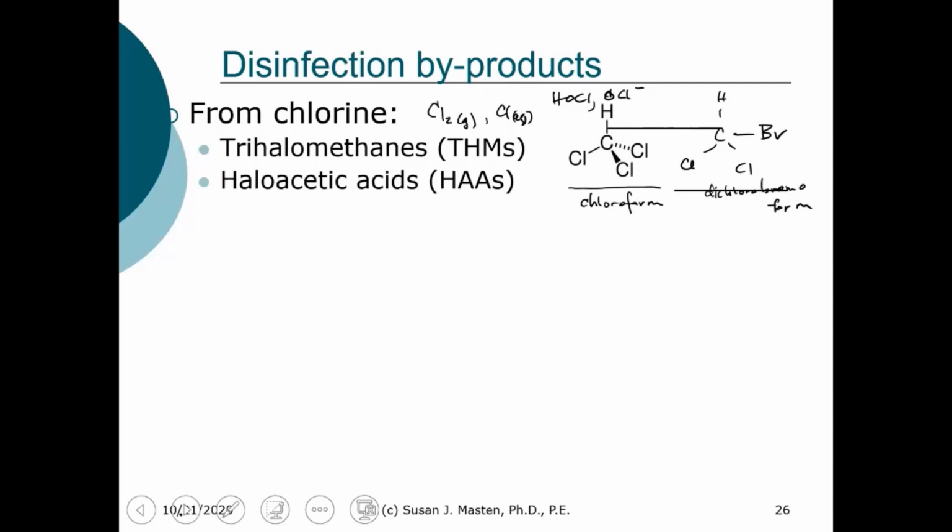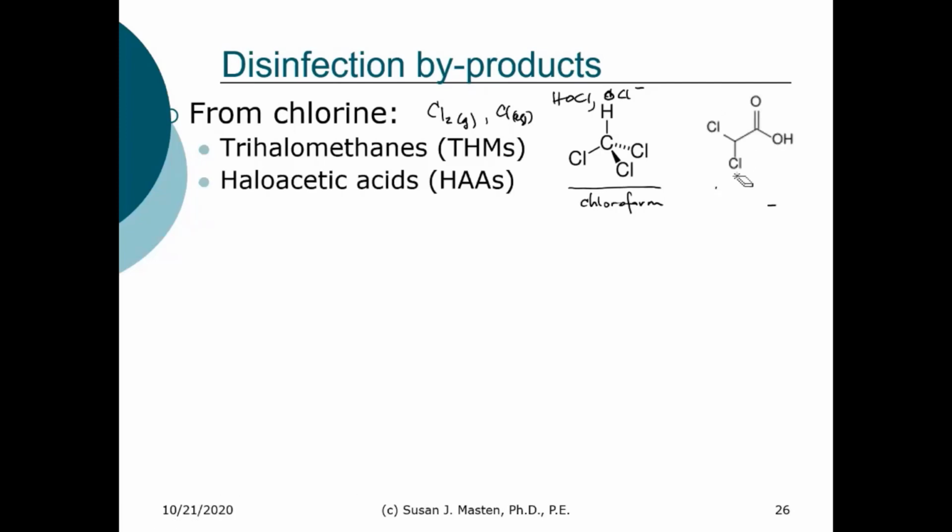It can also produce haloacetic acids. So this is a haloacetic acid. It's dichloro here, and we have two carbons, a carbon here and a carbon here, and this is our acid function. These are the only two of the disinfection byproducts that are regulated in the United States.